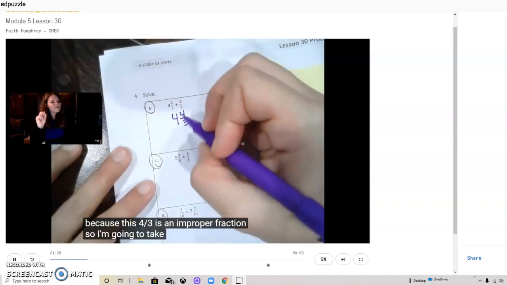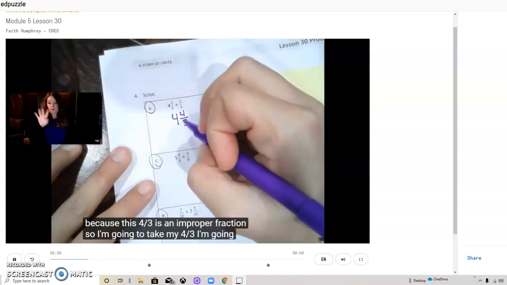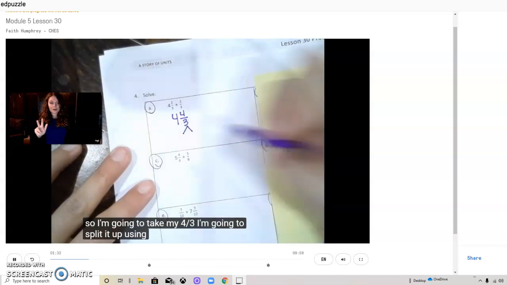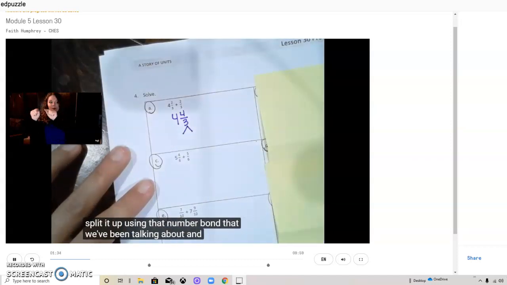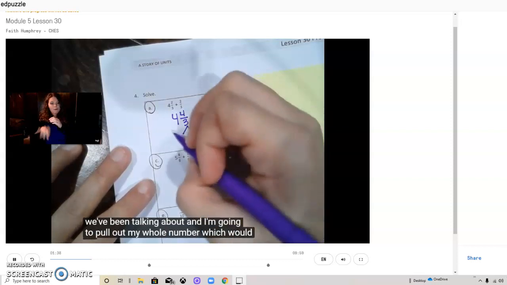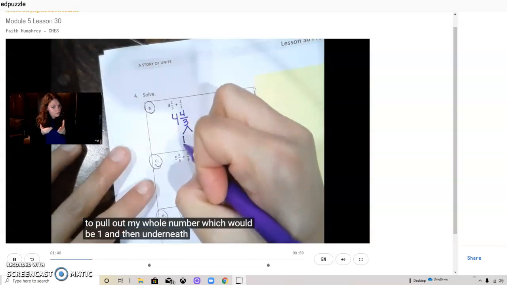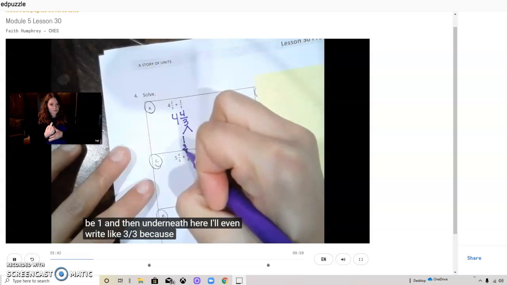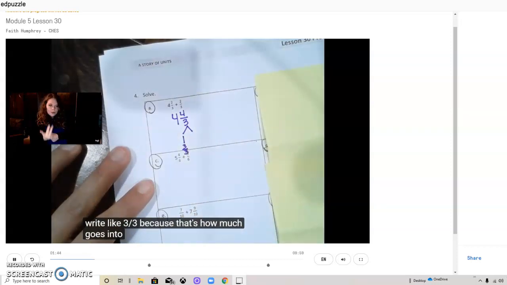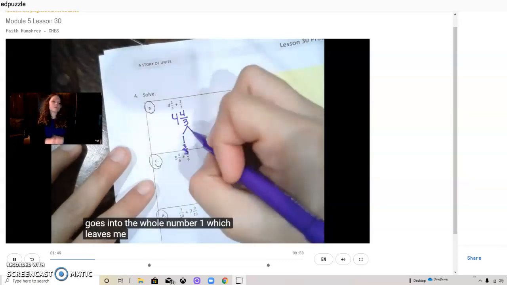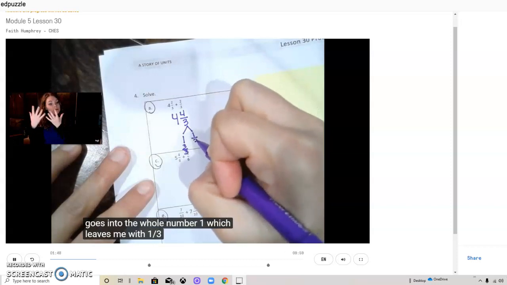So I'm going to take my 4/3 and I'm going to split it up using that number bond that we've been talking about, and I'm going to pull out my whole number, which would be 1, and then underneath here I'll even write like 3/3 because that's how much goes into the whole number 1, which leaves me with 1/3.